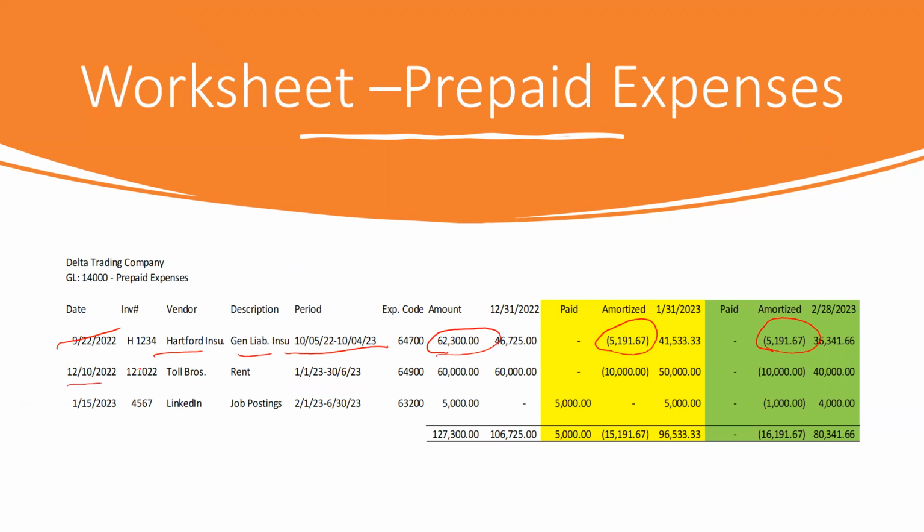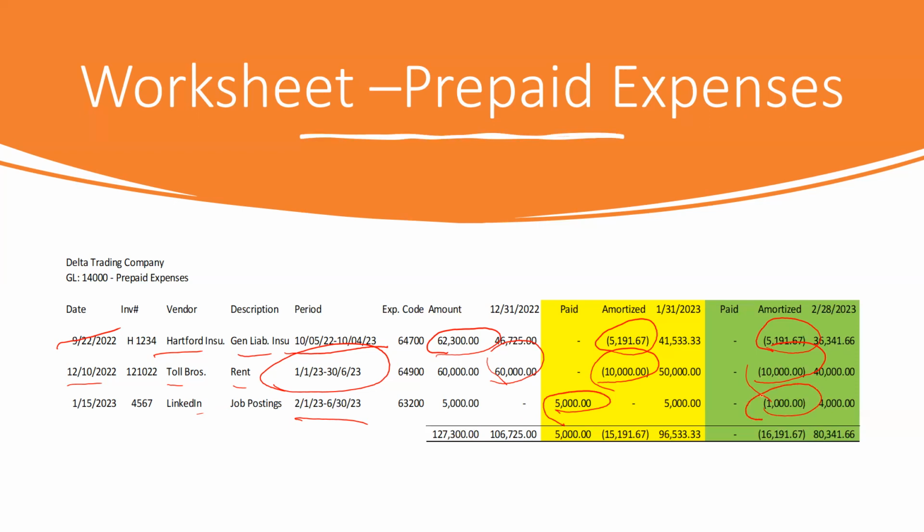Here in the month of December, Toll Brothers rent was paid for 6 months in advance, right? We talked about that. So that $60,000 which was paid has been amortized $10,000 every month. And then here is a LinkedIn account for 5 months. $5,000 was paid in January, which is amortized $1,000 a month.